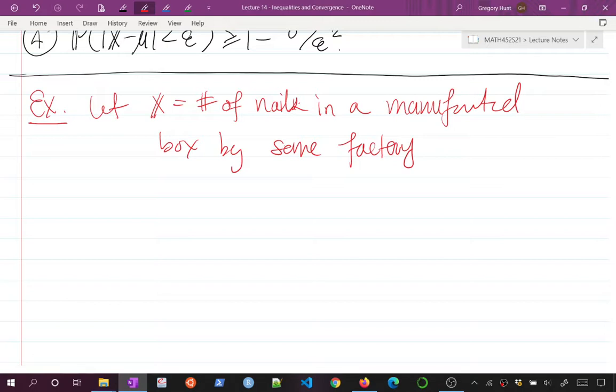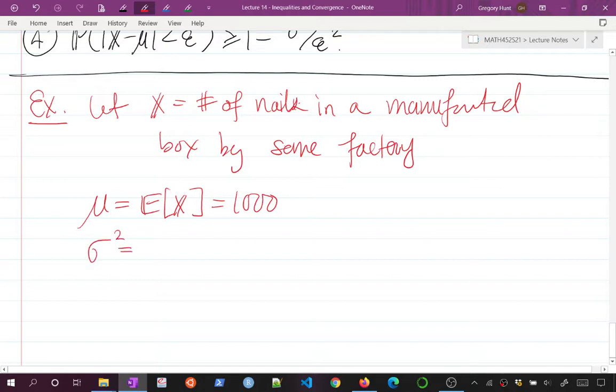There's supposed to be a certain amount, maybe 1,000. So on average, the mean number of nails I put in the box is maybe 1,000. And the variance for the number of nails I put in the box is, let's say, 25, which is pretty large. So the standard deviation would be 5.